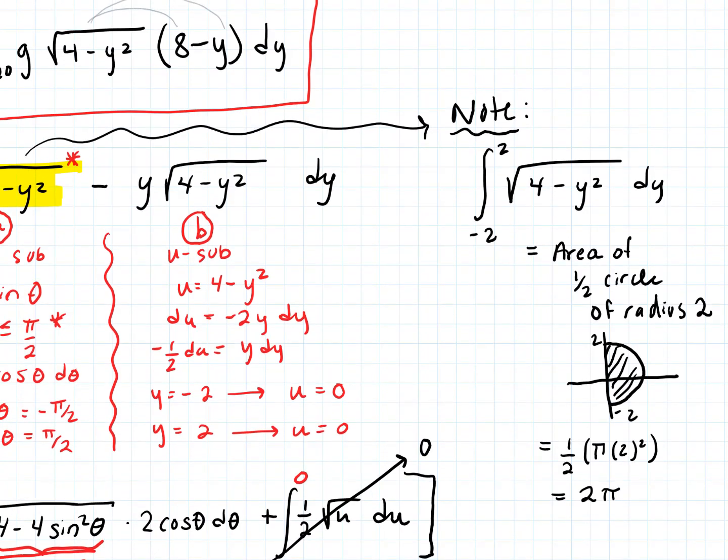So if we had actually done that quick little calculation and then plugged that back in, if we had used our integral rather than doing a trig sub, that's just an option. So I'll leave it there.